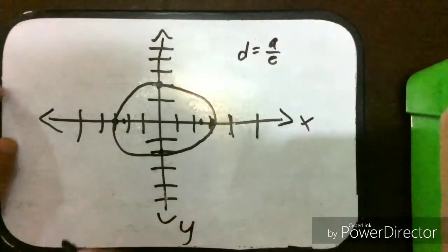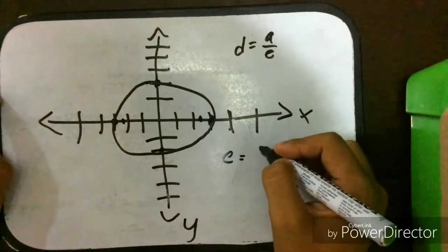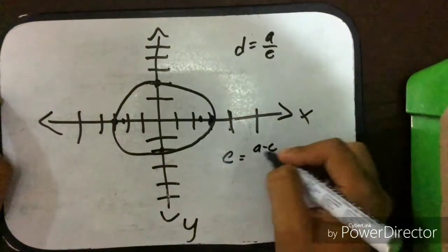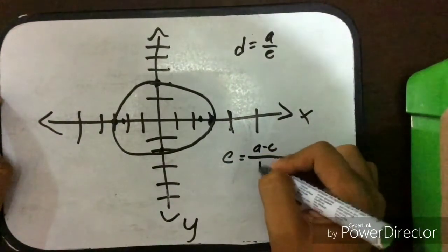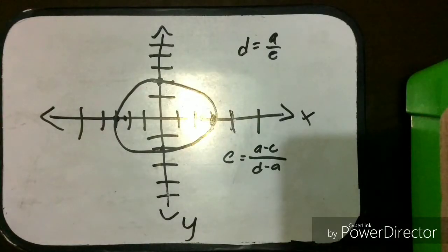Eccentricity is the ratio between the distance of any point from a given fixed point, the focus, and its distance from a given fixed line, the directrix.